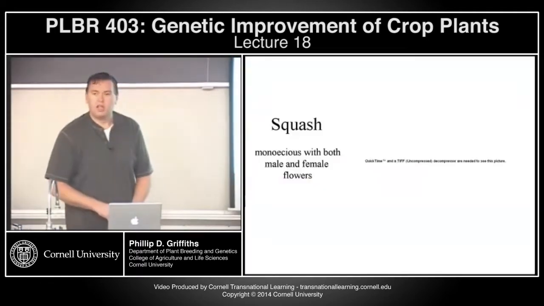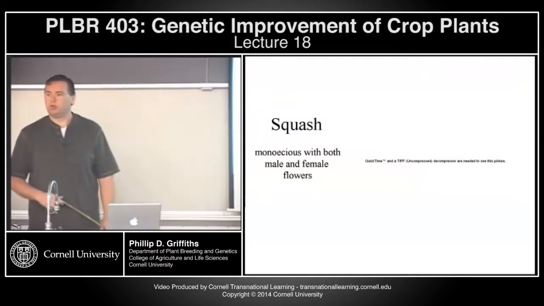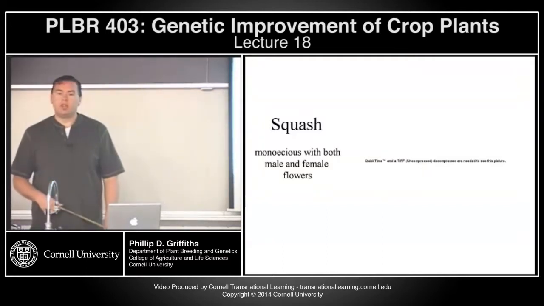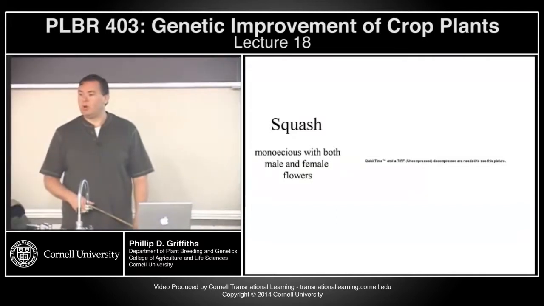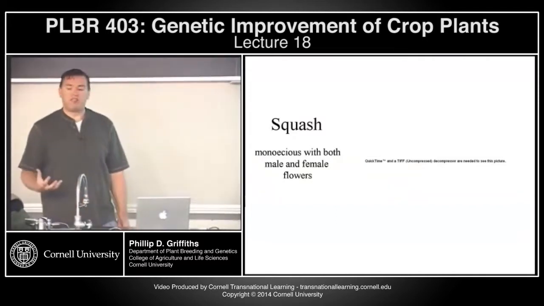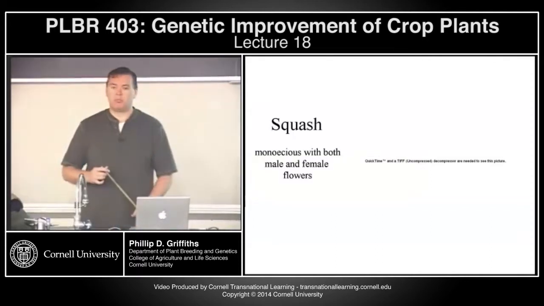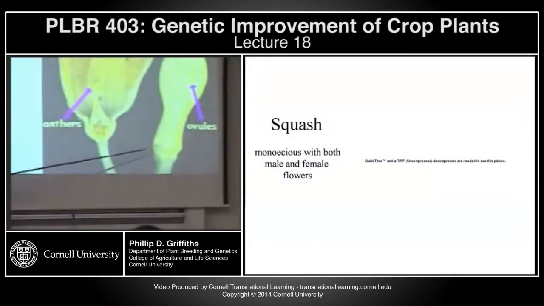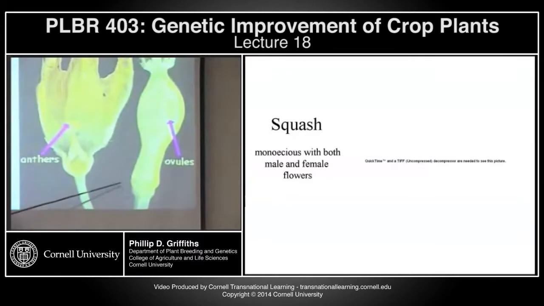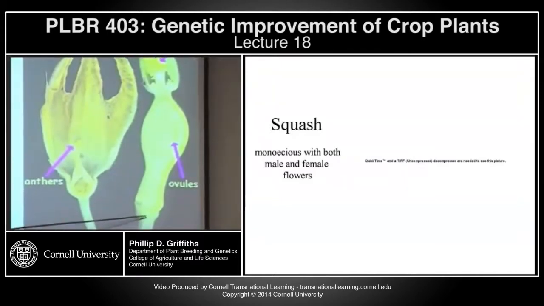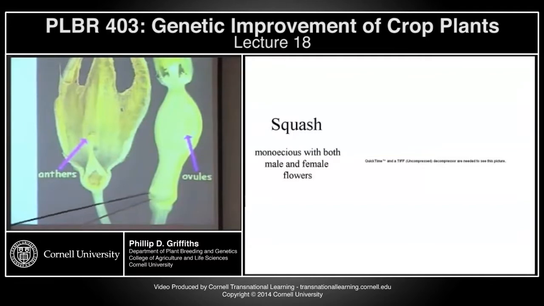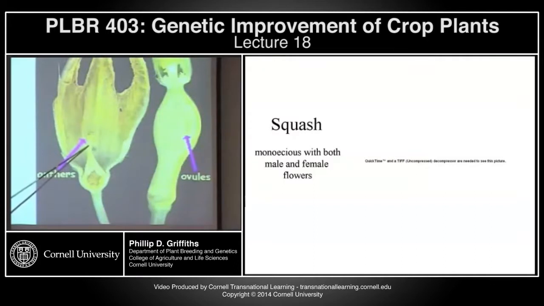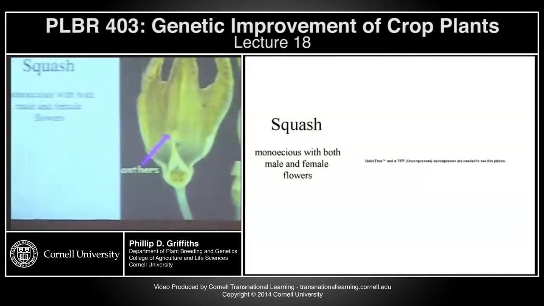In the case of something like squash or cucurbits, they typically have male and female flowers on the plant. They're great for crossing because the flowers are huge, about the size of your fist in many cases. So in this case, it might be possible, for instance, it's an insect-pollinated plant, to bag the female to prevent it from becoming insect-pollinated, and then be able to take the anthers and the pollen from the male of interest and mechanically pollinate, and then rebag.